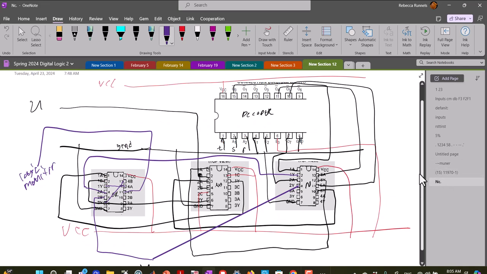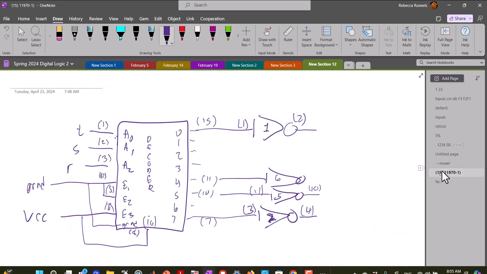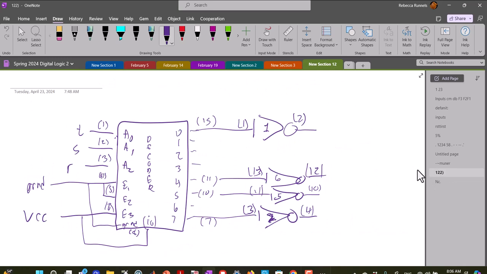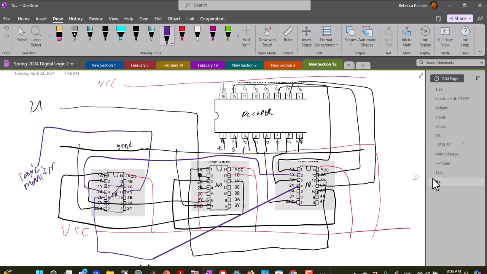And for 6, 13 coming in and 12 coming out. So on my NOT gate, I'm using pins 1, 3, 11, and 13 as inputs, as well as the NOT gate will also have VCC and ground. I didn't draw the entire pin there, but you would also have to make sure that you put ground and VCC on it as well.